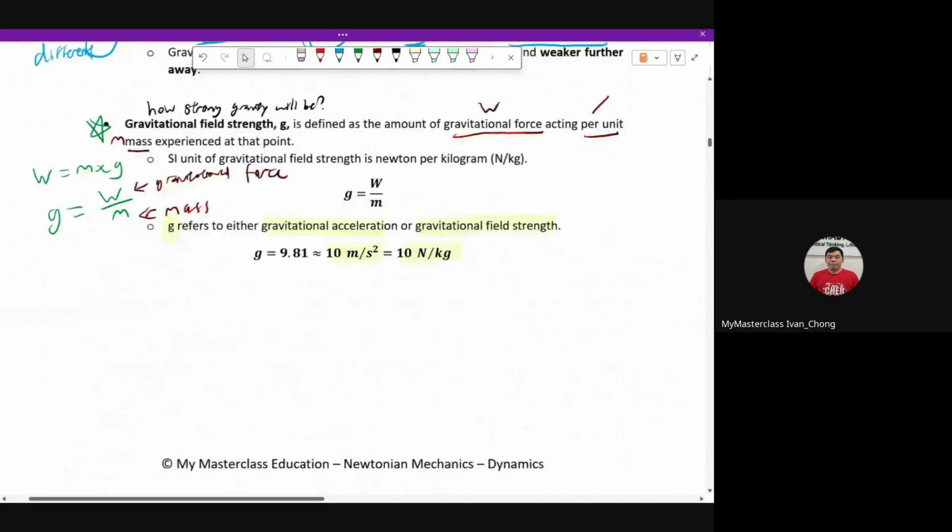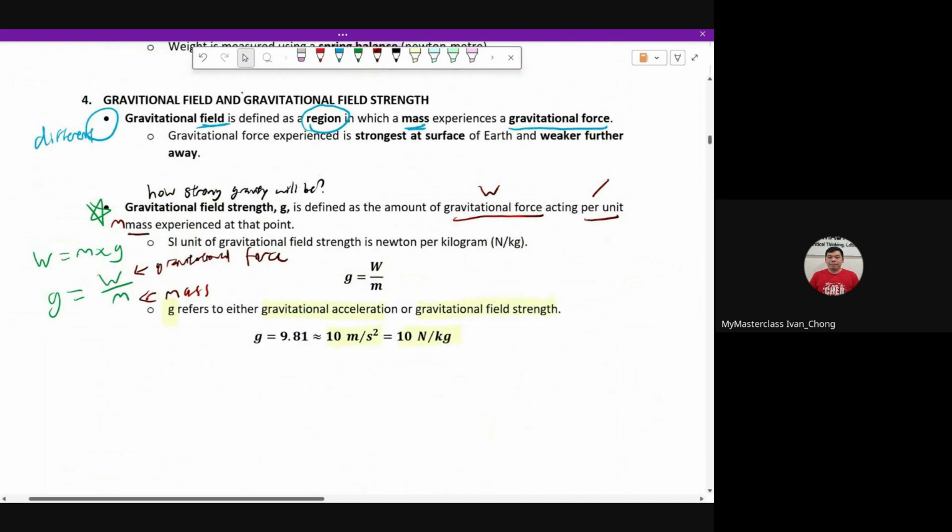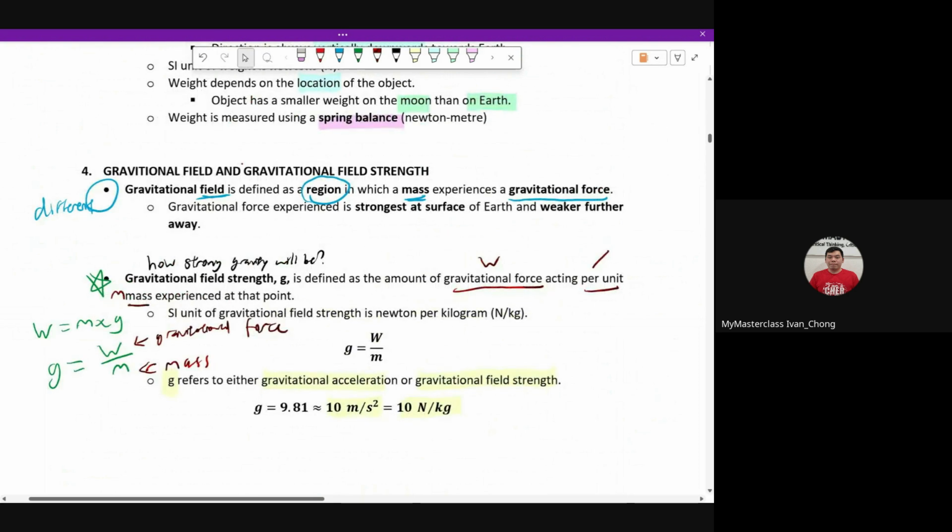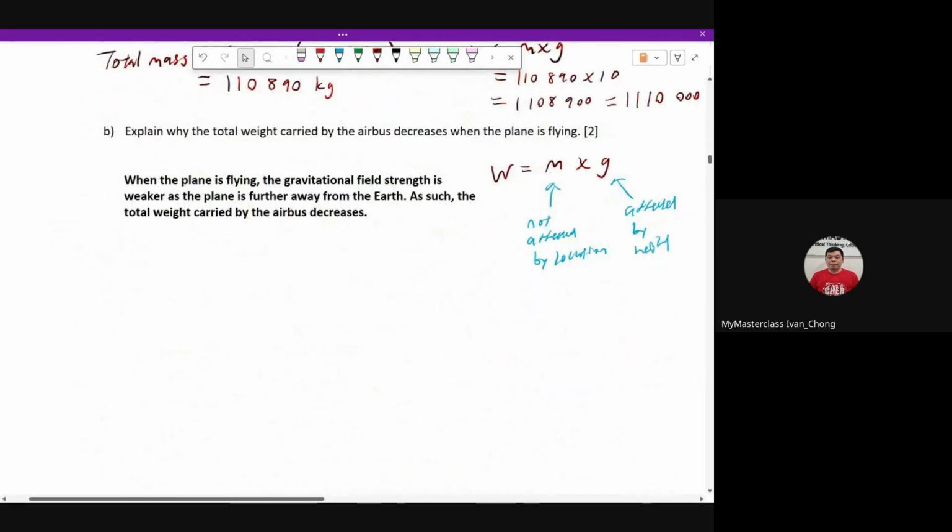Because how do we know this? If you look back over here, at this point which I actually missed out, my apologies, it's this point over here: gravitational force is strongest at the surface and weaker further away. So basically, the closer you are to the Earth, the stronger the gravity is. The further you are from the Earth, the weaker the gravity is.